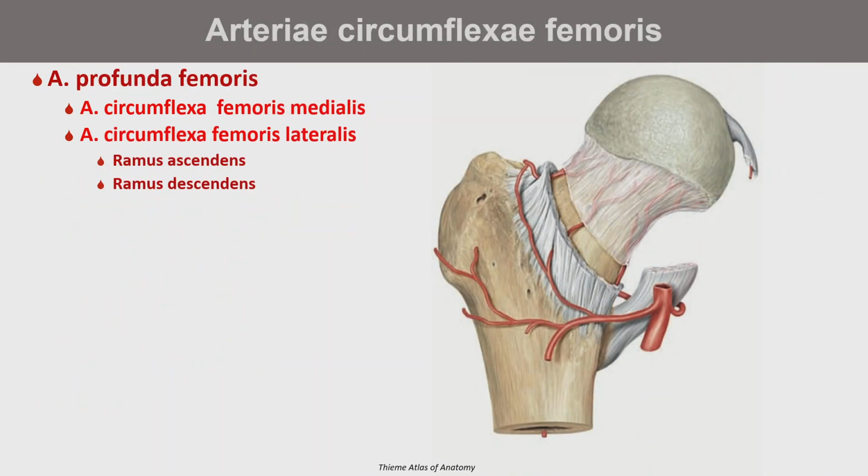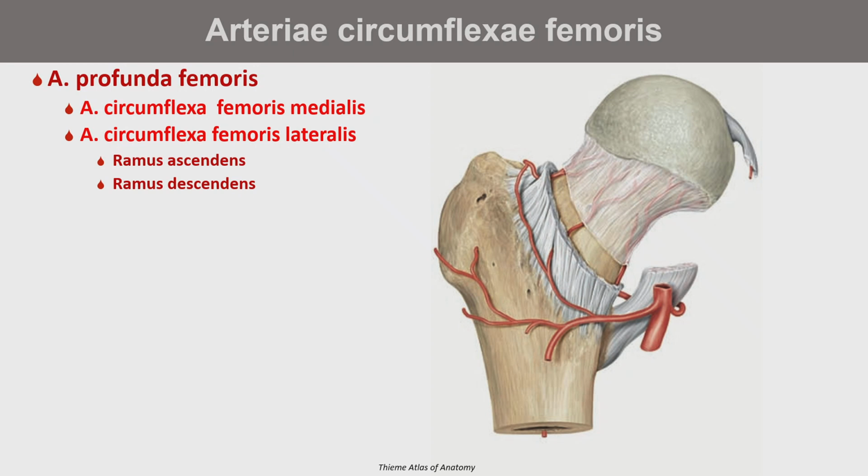We turn now our attention to a very frequently injured region, the neck of the femur. Femoral neck fractures are very frequent in patients with osteoporosis, so in the elderly. Because of this frequency, it's very important.